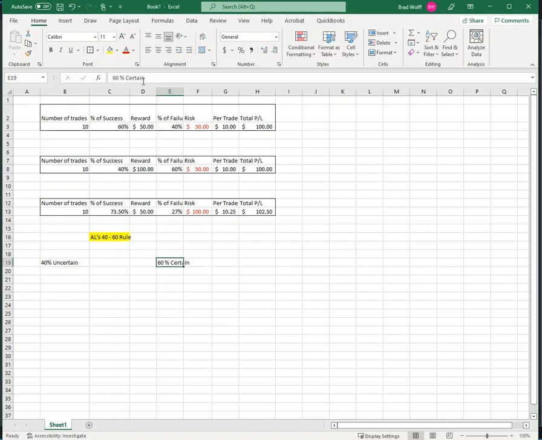Probably a better way to put that is confident and not confident. And 50-50 is obviously 50-50. Flip a coin. So let's just put maybe coin flip.